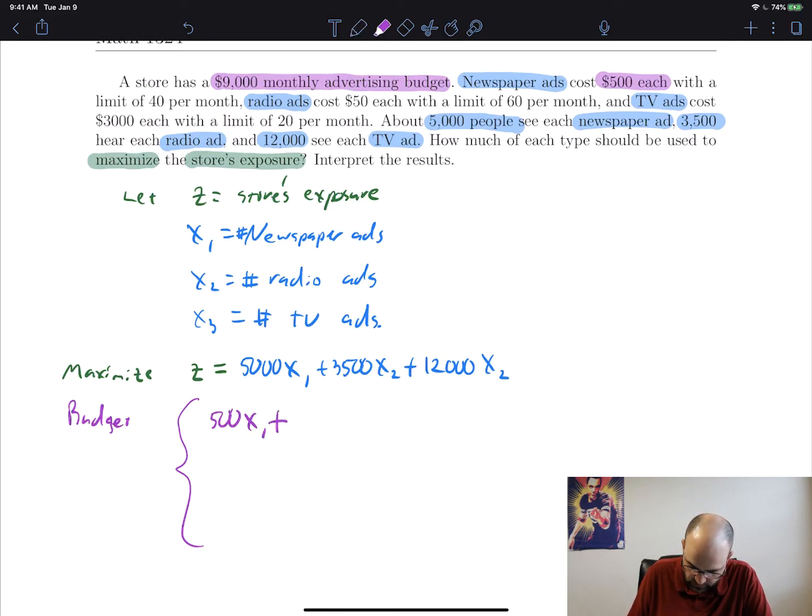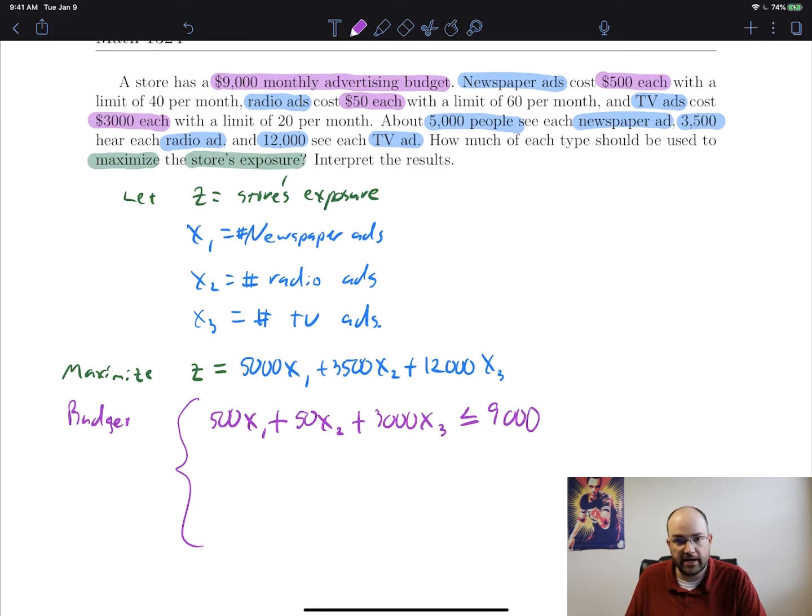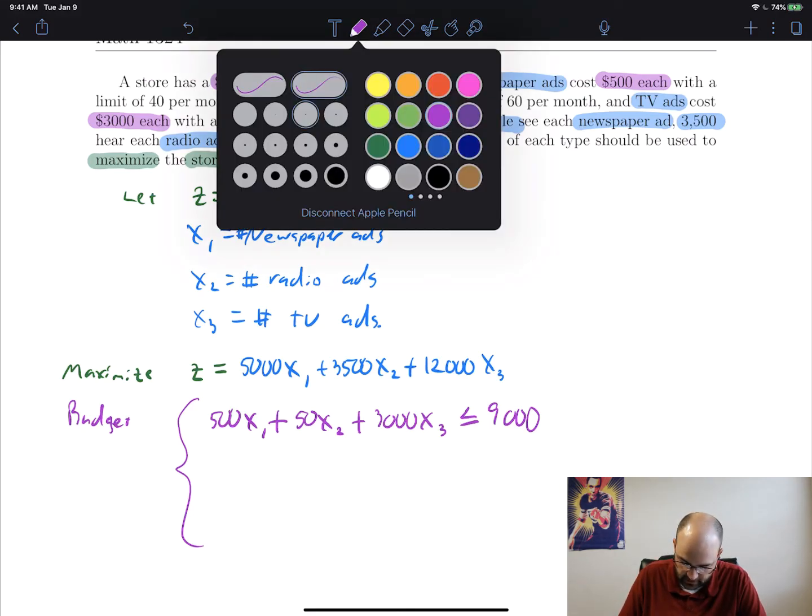Every radio ad is $50 each, so plus 50x2. Plus, every TV ad costs $3,000 each, and that should be x3 up here, sorry. And all of that should be less than or equal to the total budget, which is $9,000.